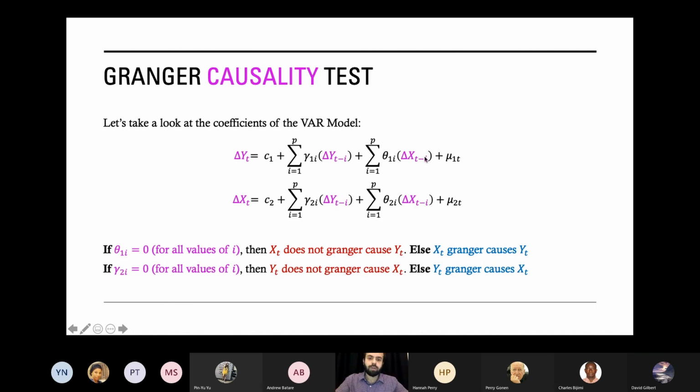We can have a longer equation that includes not only consumption, but savings and income and so on.